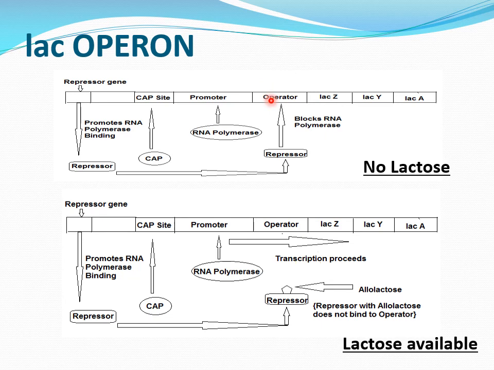Now over here we should see one thing, that these regulatory elements for a polycistron are of two types. The ones which regulate the transcription by virtue of their position are the cis acting sequences, the promoter and the operator.